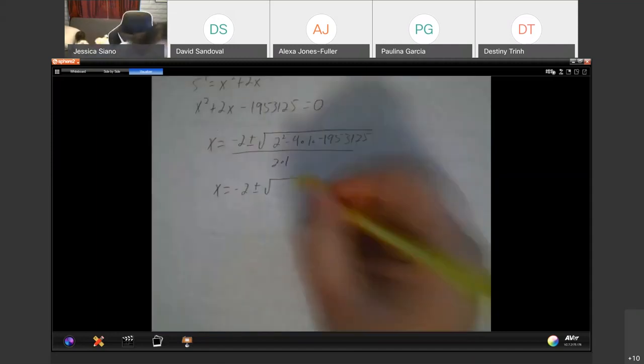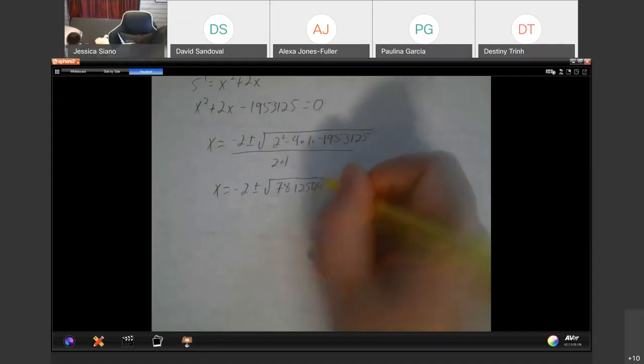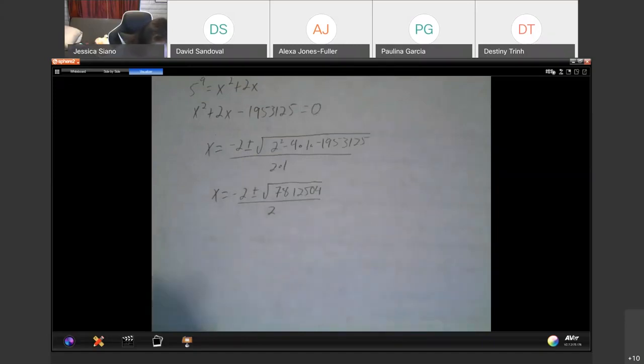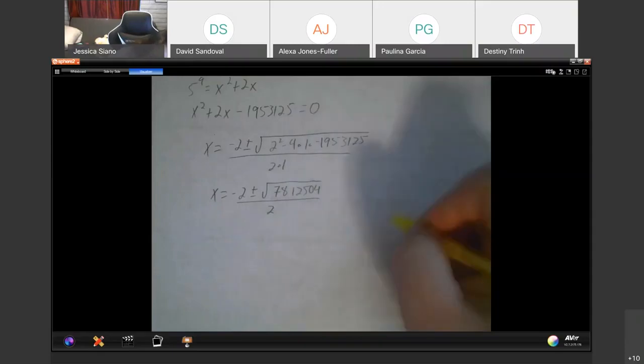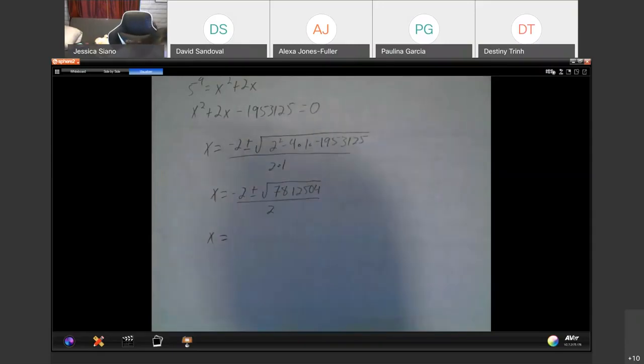I wonder if that's a perfect square. It's not. Oh, good. They want decimals. That helps, because now I don't have to try to reduce this.